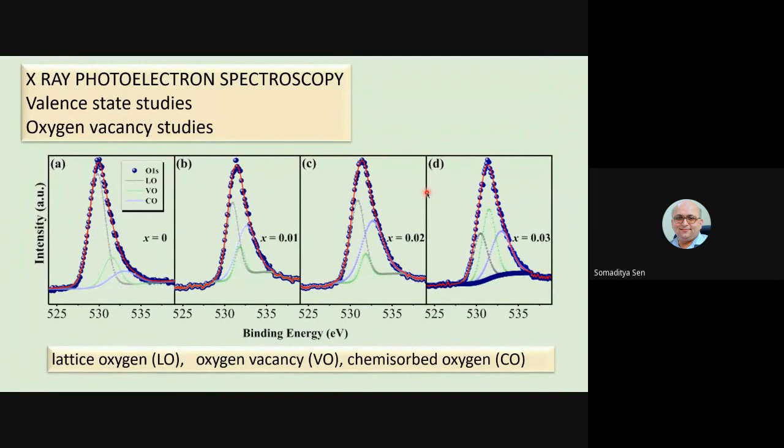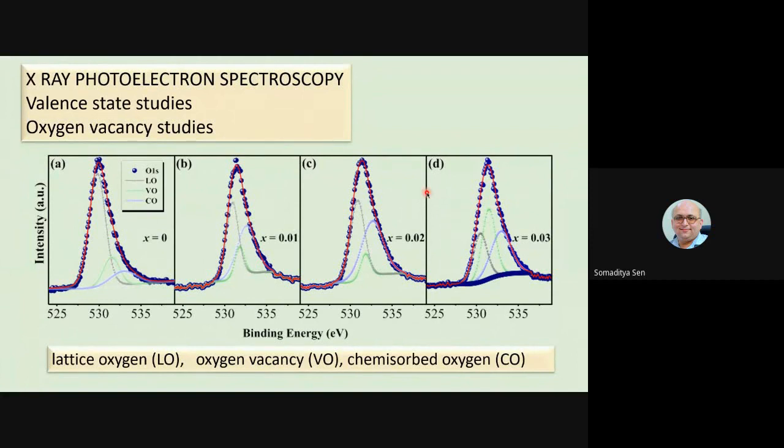So we took 4 different compounds, 4 different materials, the same dopant, but in 4 different things. And you see the oxygen, which is bound to the zinc oxide material, has 3 different binding energies, which can come from 3 different types of oxygen.